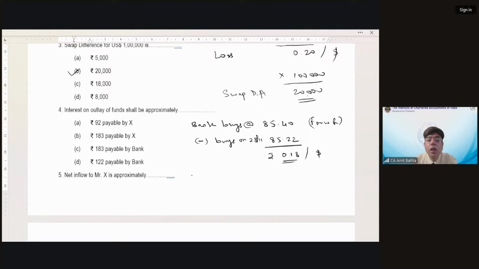Now, you will also have to pay interest, right? So interest is going to be how much? Interest on how much? $100,000, right?